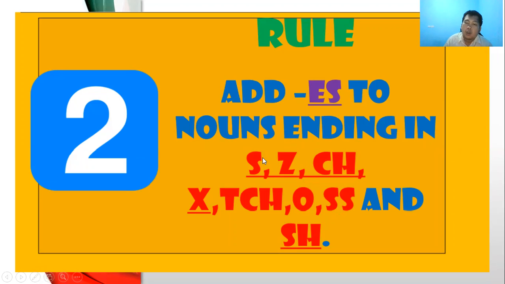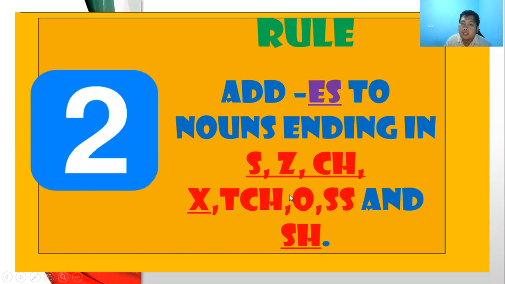So please take note of these rules because it will be helpful, because these are just what they call consonants. We have s, z, ch, x, t, c, h, and a vowel o, and ss and sh. When we encounter words ending with these letters, we have to add es at the end of the word.